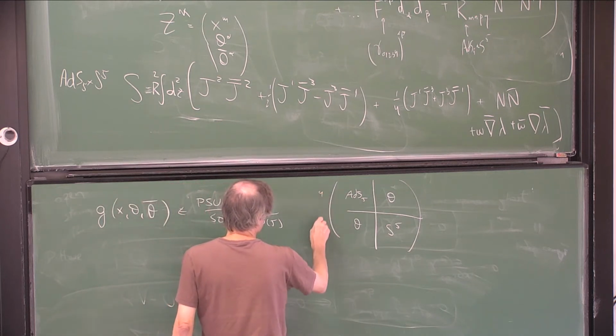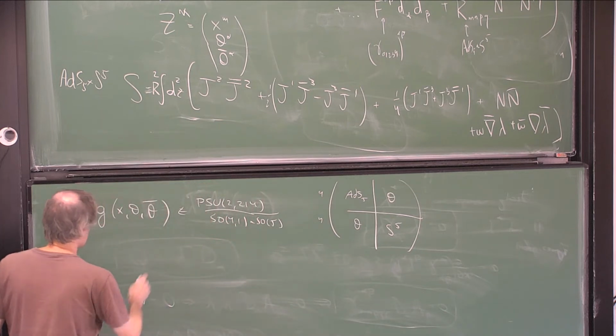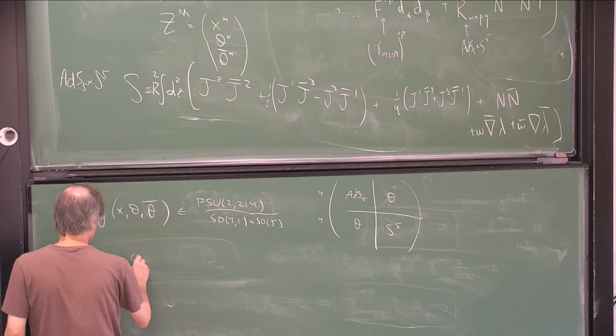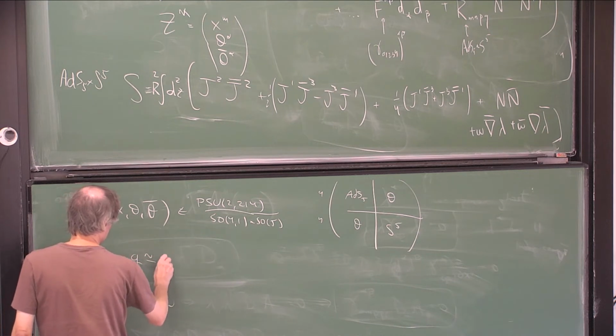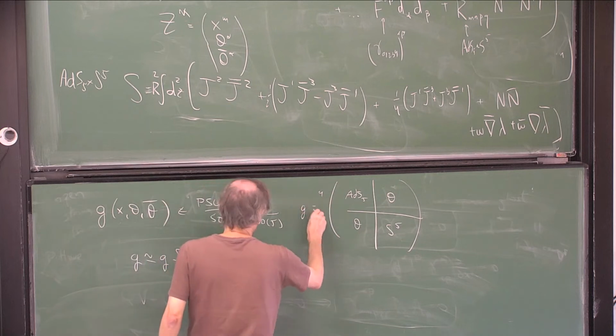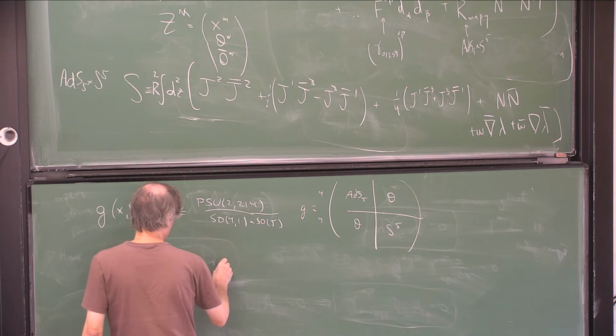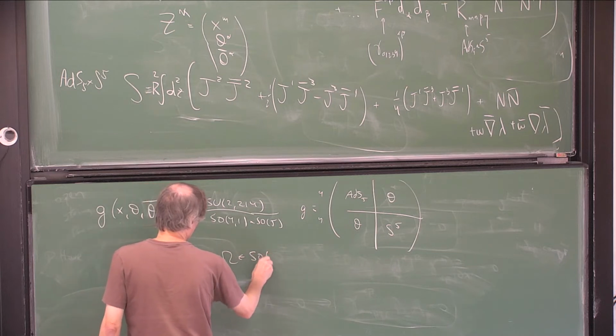And the way you realize the coset is that you identify G with G omega. So you think of G as this is G. And you identify G with G omega, where omega is in SO(4,1) times SO(5).